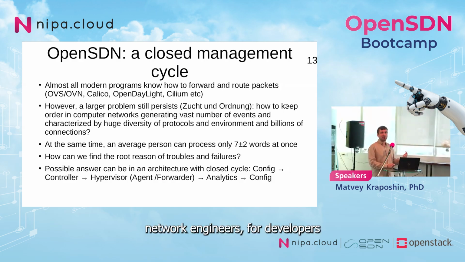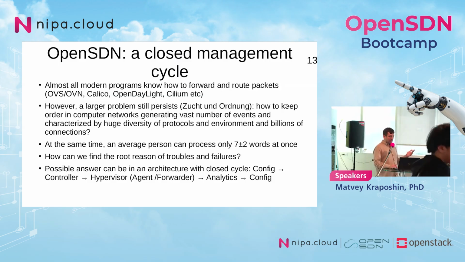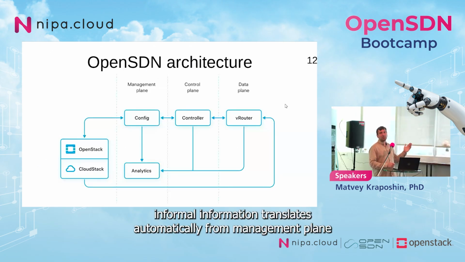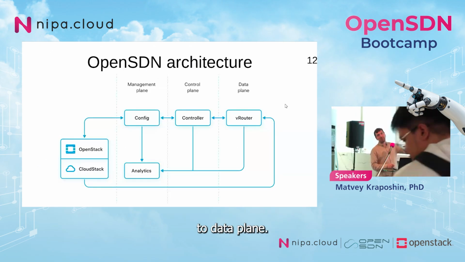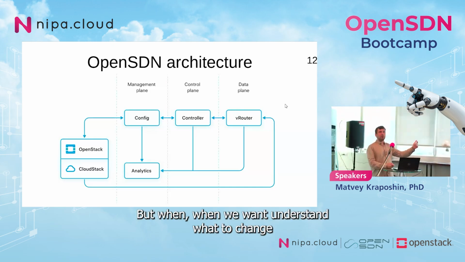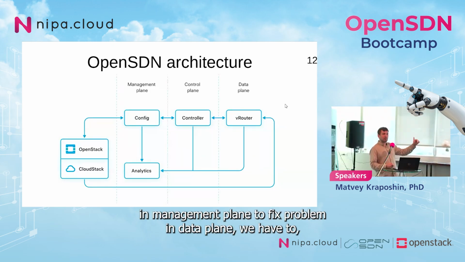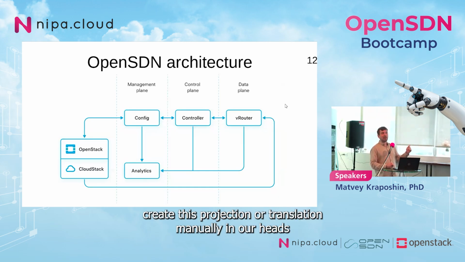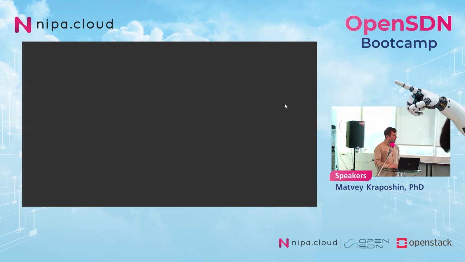network engineers, for developers, and for everyone, because information translates automatically from the management plane to the data plane. But when we want to understand what to change in the management plane to fix a problem in the data plane, we have to create this projection or translation manually in our heads.